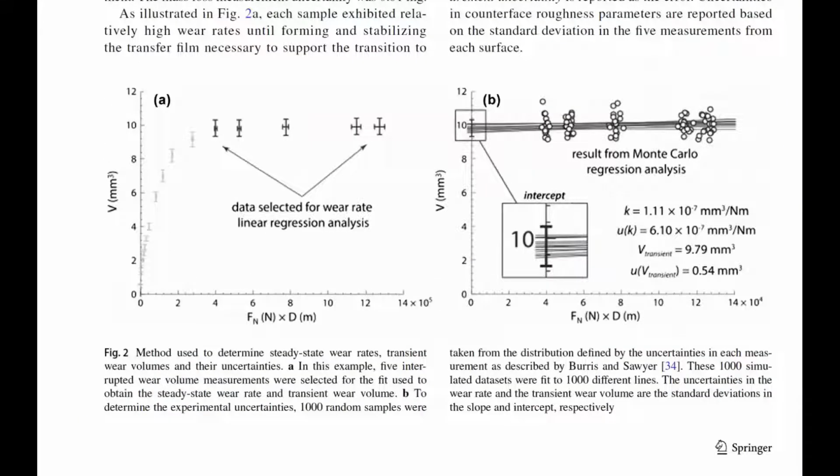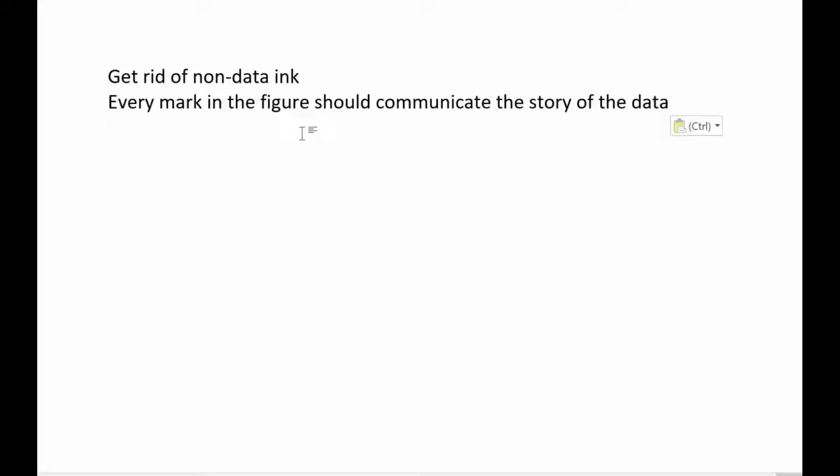A key principle for designing figures is to use as little ink as possible. You want to get rid of all non-data ink, any lines, any markings that do not communicate the story of the data. Every mark in the figure should tell us something.